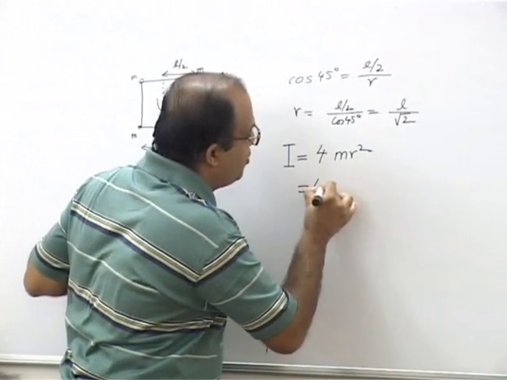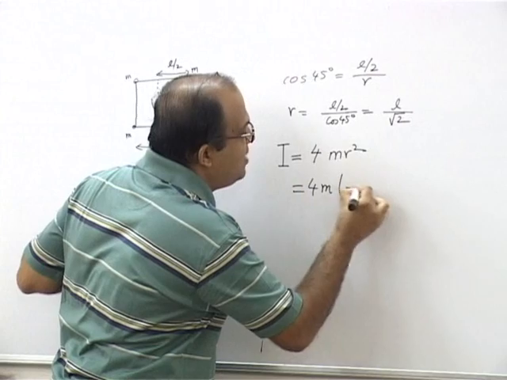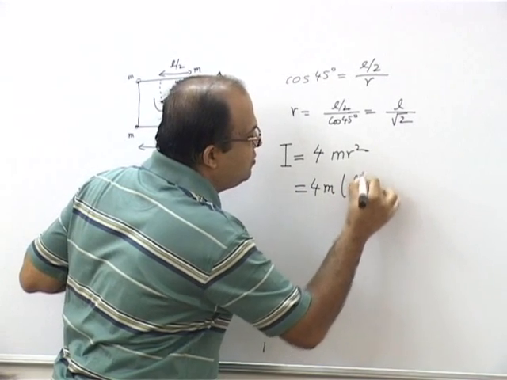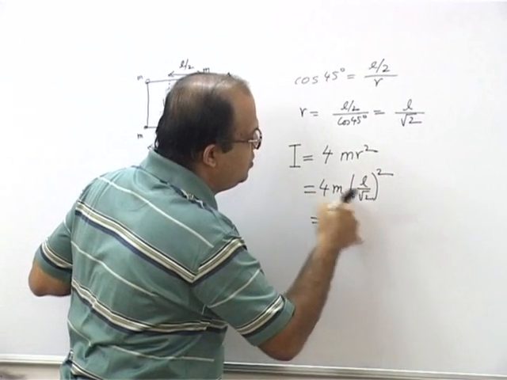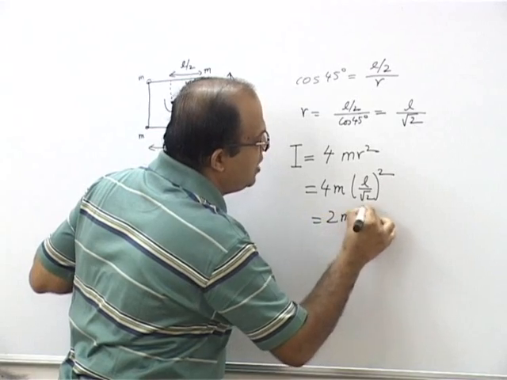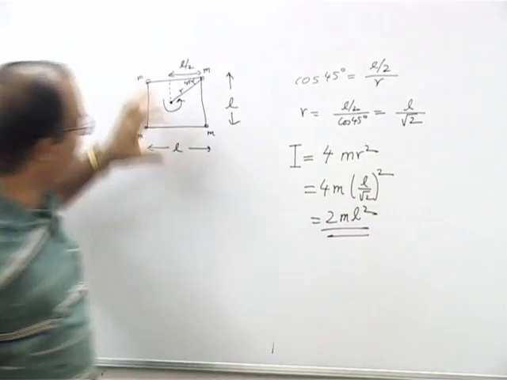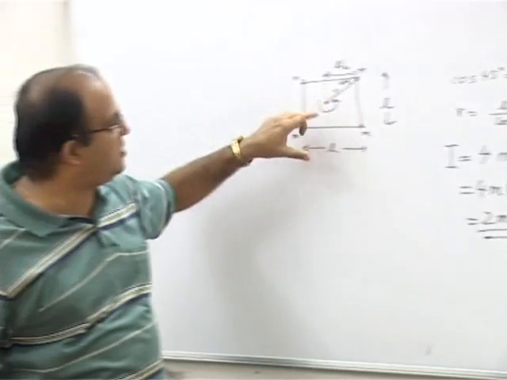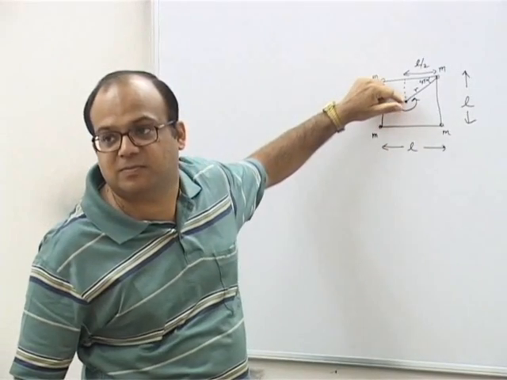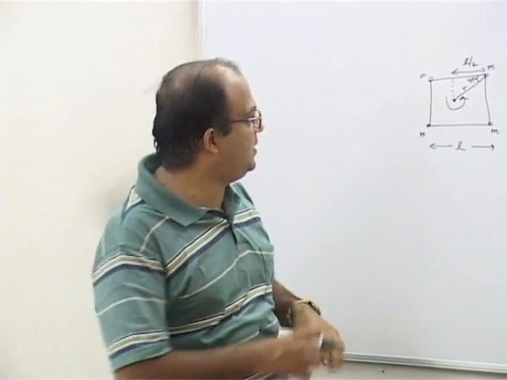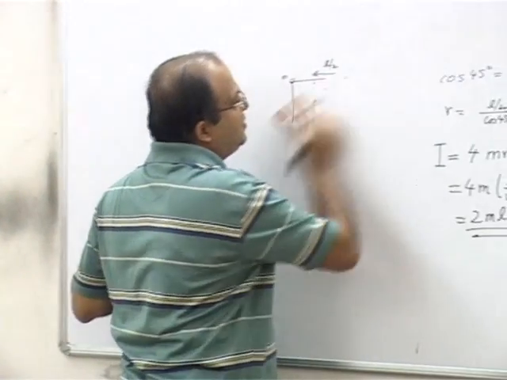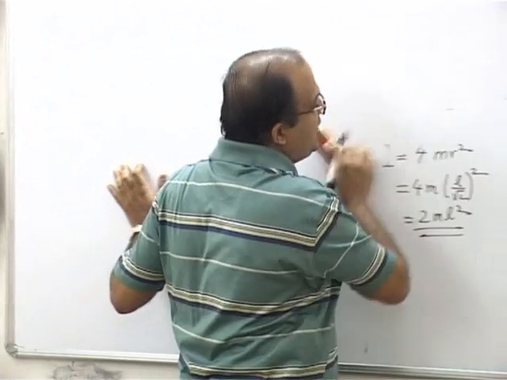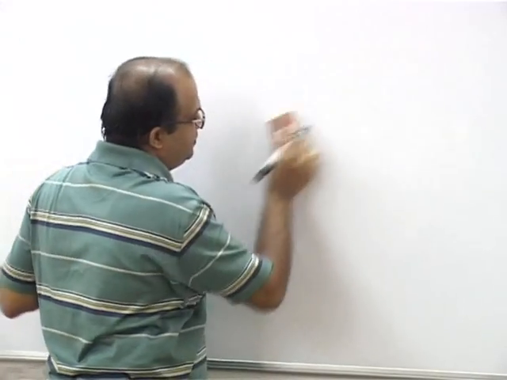So this becomes 4m into L by 2 whole square. This becomes 2, so we get the answer as 2ml square. So this is the moment of inertia of this system about this axis. Very simple. Now we change the axis, the moment of inertia is going to change.